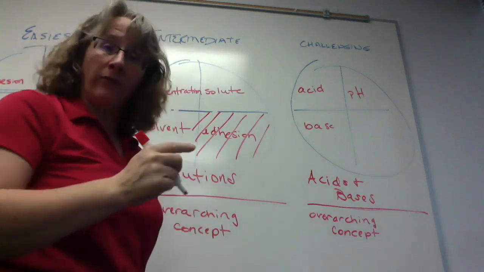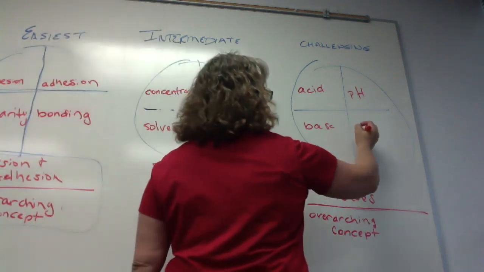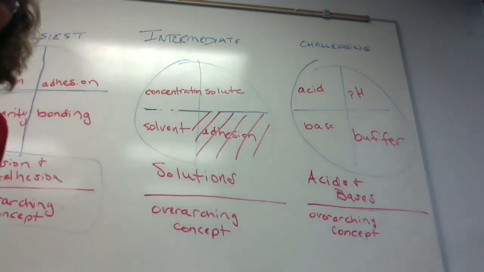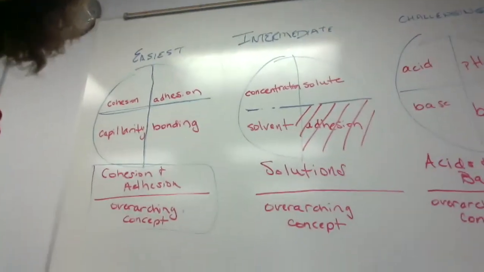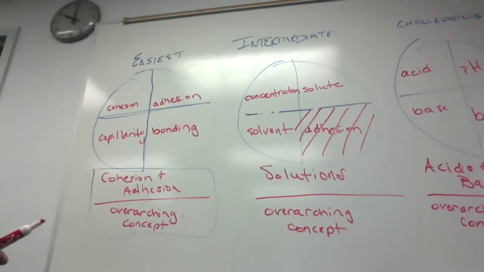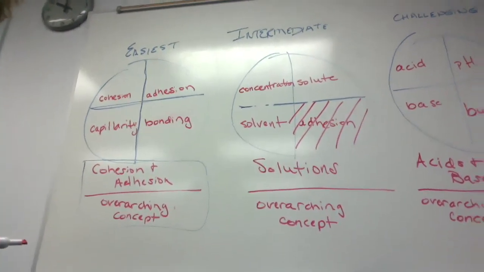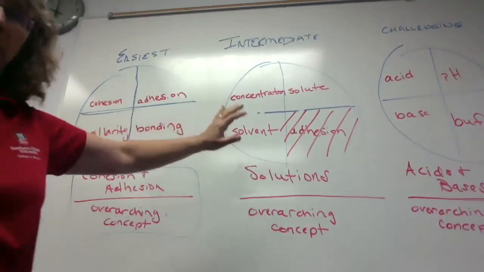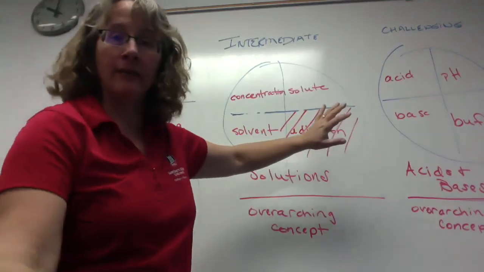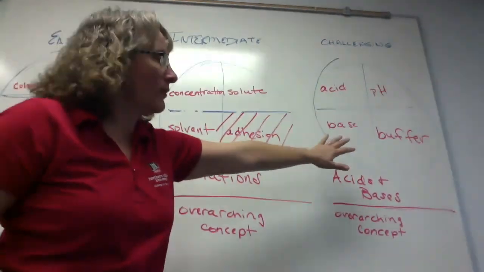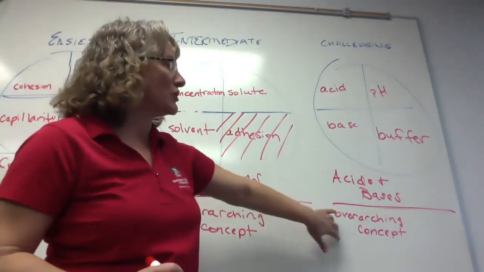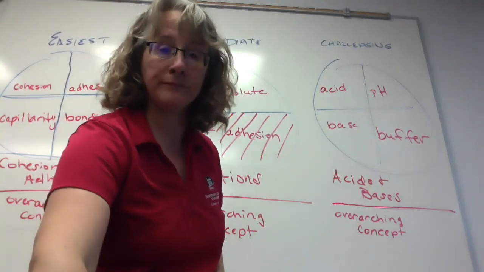And another word that would fit into that same category would be buffer. So now we have easiest, intermediate, and challenging. We go from only trying to figure out the overarching concept, to figuring out which one does not fit, and then leaving at least one blank and coming up with both the overarching concept and something similar.